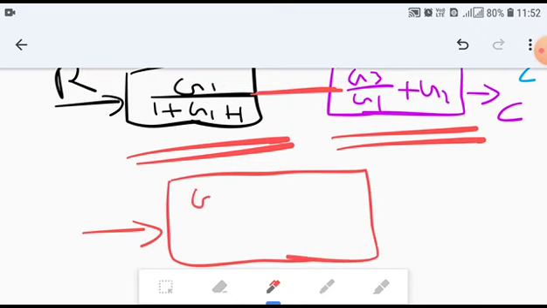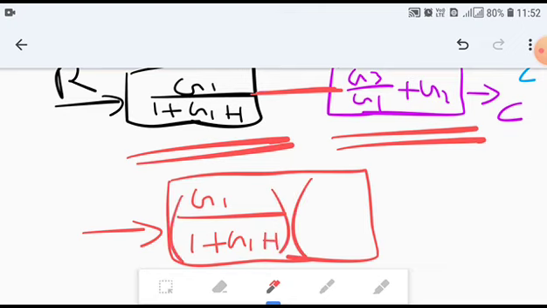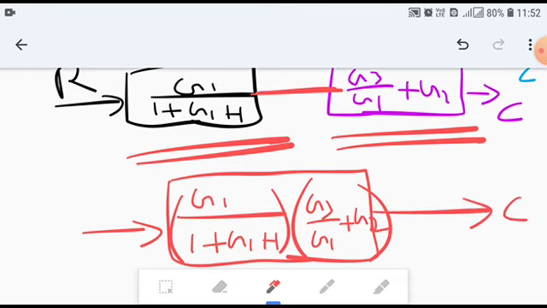So we can write it as G1 by 1 plus G1H. This is multiplied with our G3 by G1 plus G2. So this will be C, this is R, input R, and C is the output.